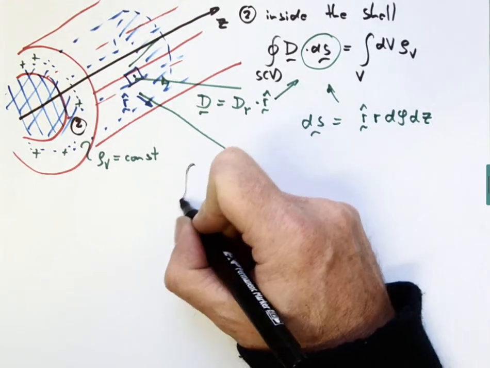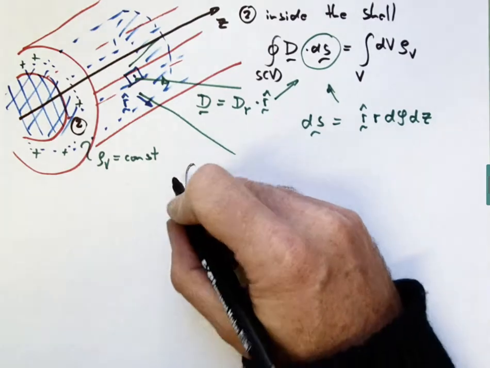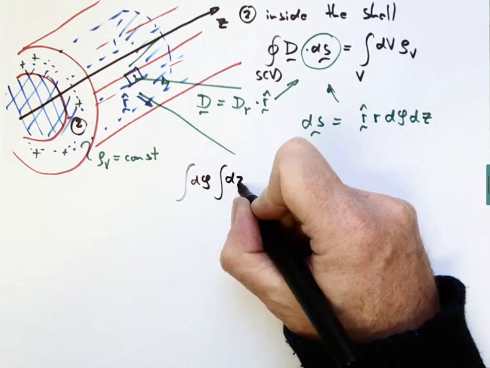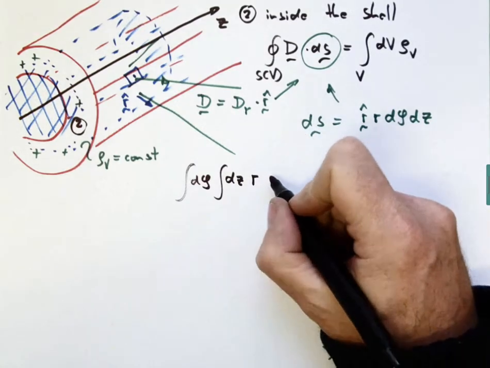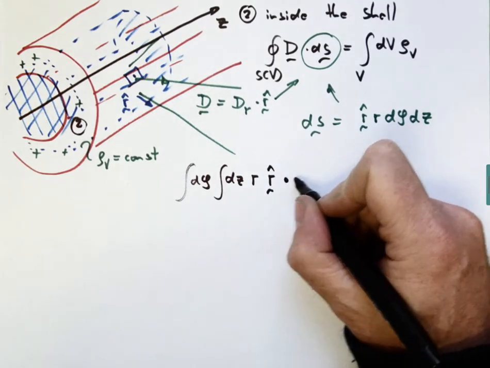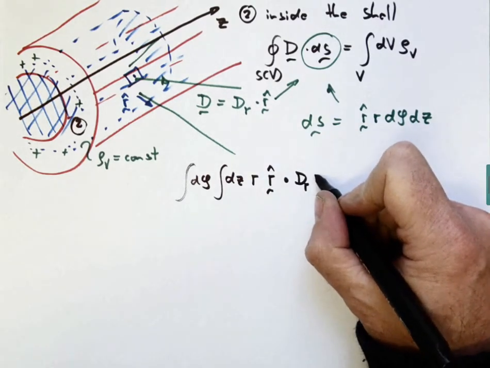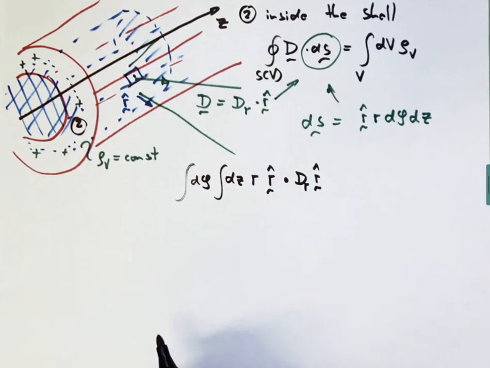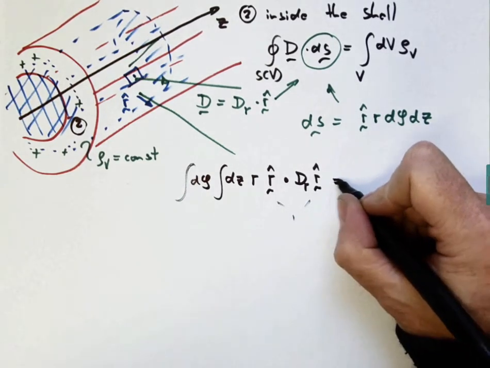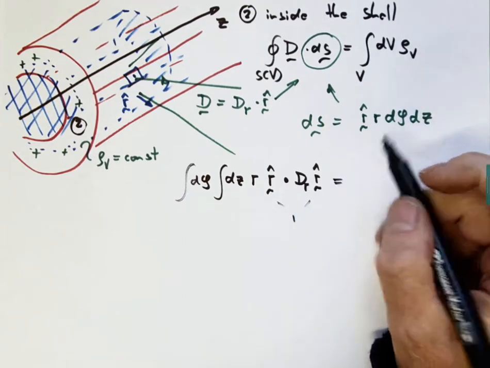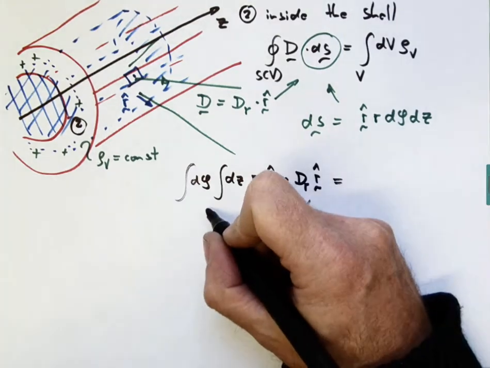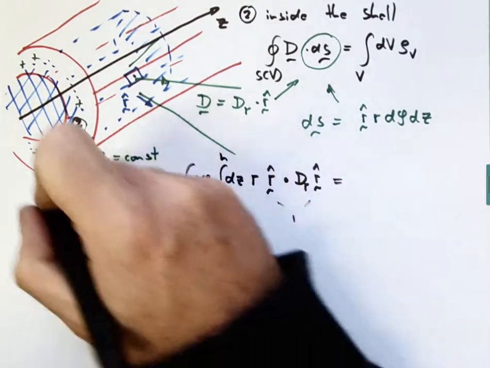So we have this integral d phi, then we have dz, we've got the r, we've got the r unit vector, and that's multiplied with the Dr and the r unit vector. Here we get our scalar 1 as before, and we find the limits are the same, minus h to h.